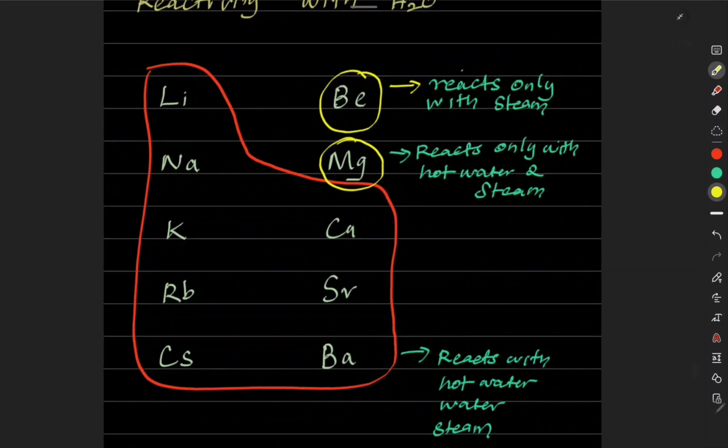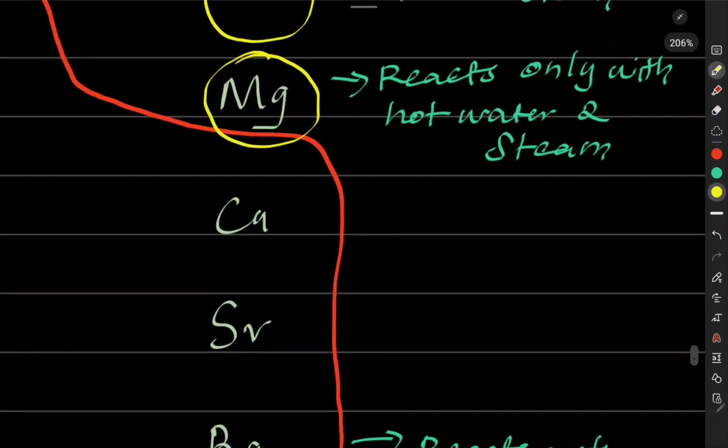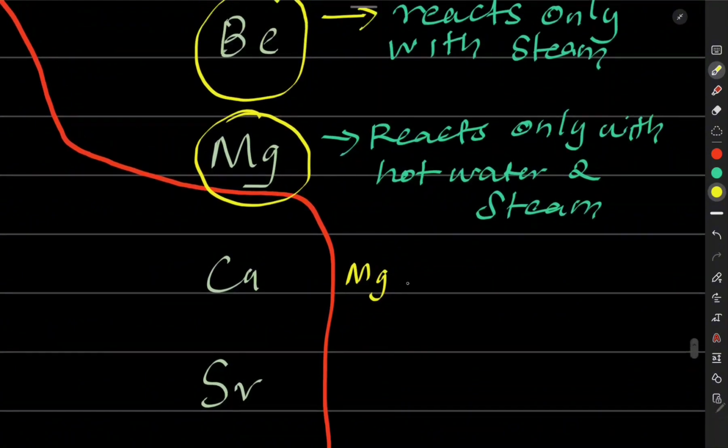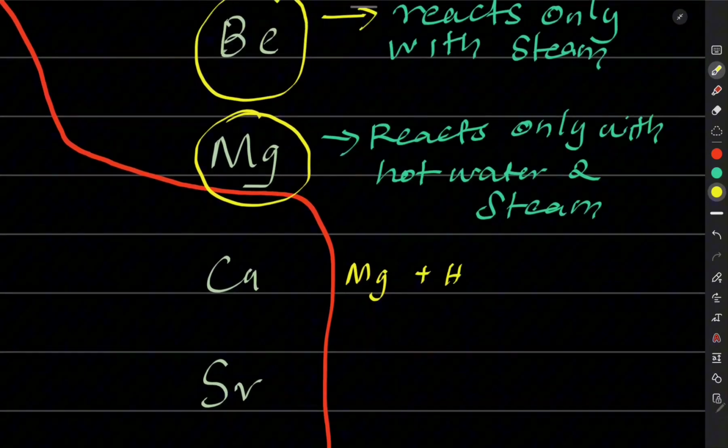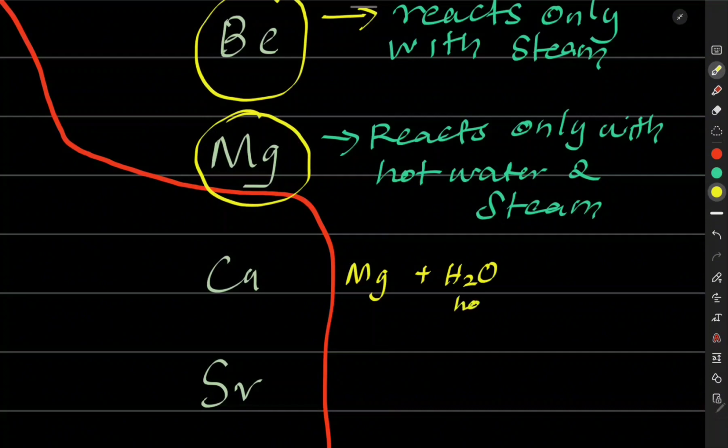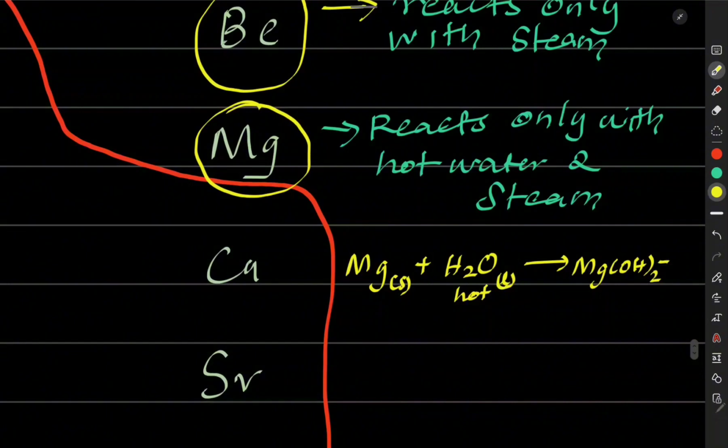Let's start the reaction for magnesium. Magnesium solid plus H2O, hot water, which is liquid, gives magnesium hydroxide plus H2 gas.